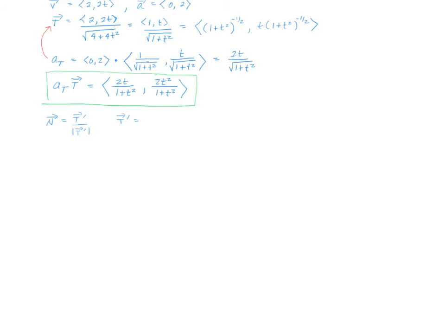Because the first component would be negative 1/2, inside stays the same, to the negative 3/2 times the inside, which would be 2t. So negative 1/2, inside stays the same, negative 3/2 times 2t.